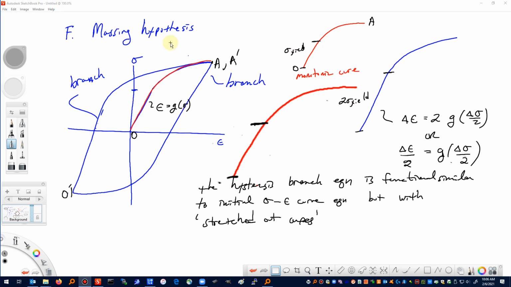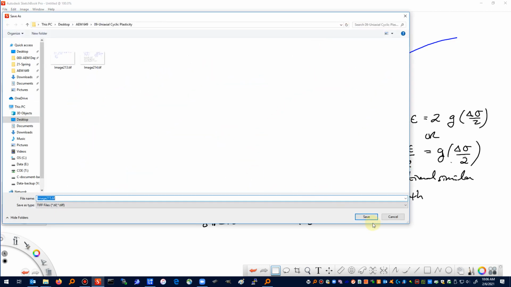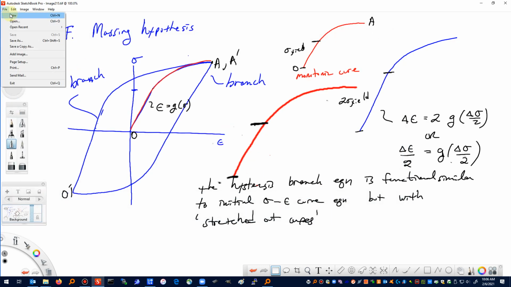Alright, so let's take a look at what this means for our description of the stress strain curve, the Ramberg-Osgood equation. Epsilon is equal to sigma over E plus sigma over K to the 1 over n power.